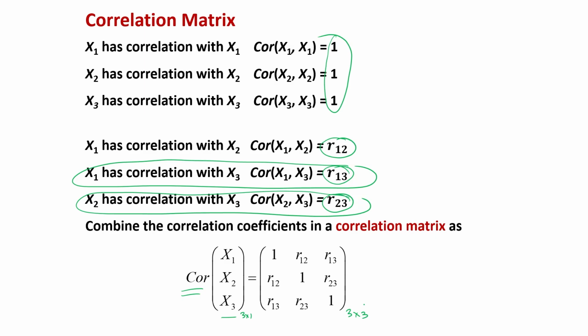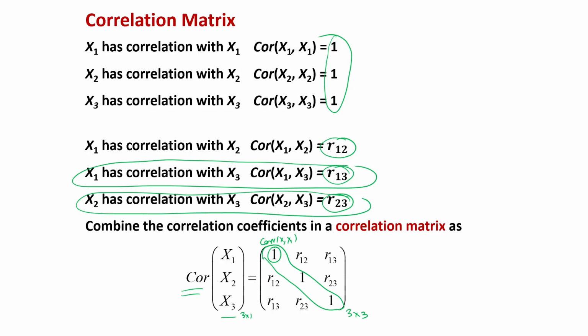You can see on the diagonals, this is the correlation between x1 and x1, which will always be 1. Similarly, all the diagonal elements are going to be 1 because they are the correlation of a variable with itself.